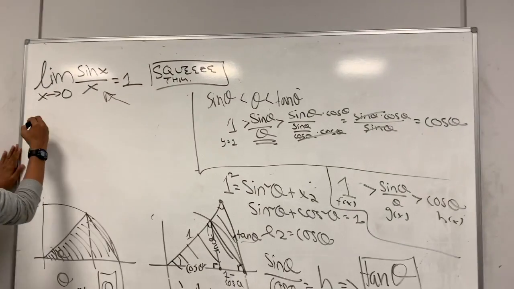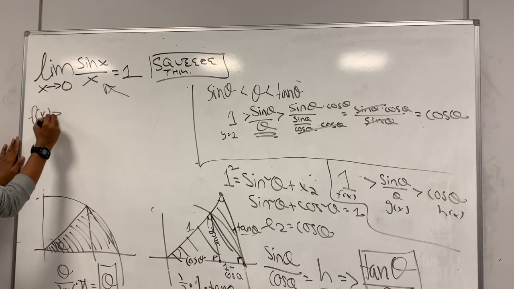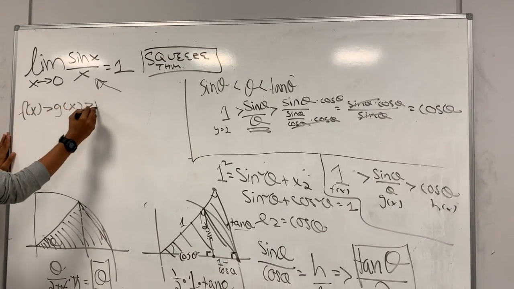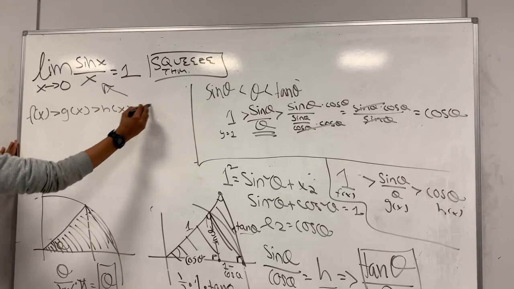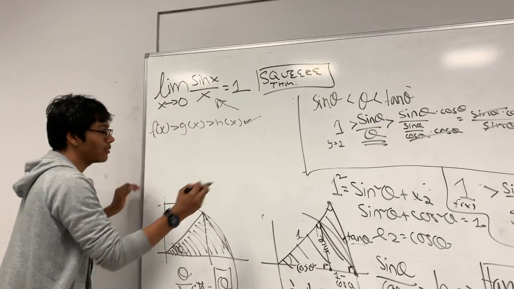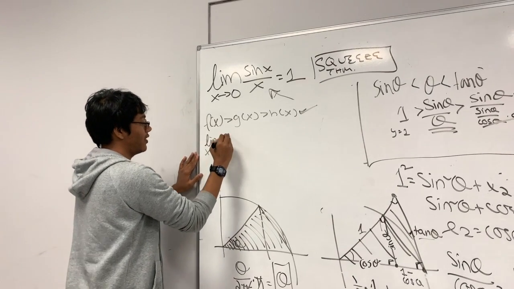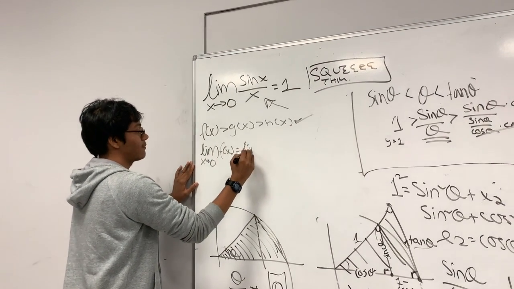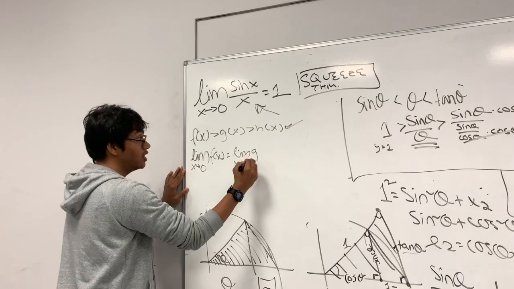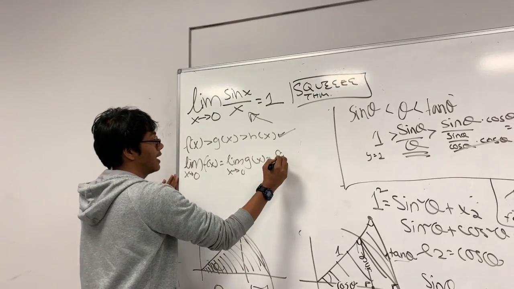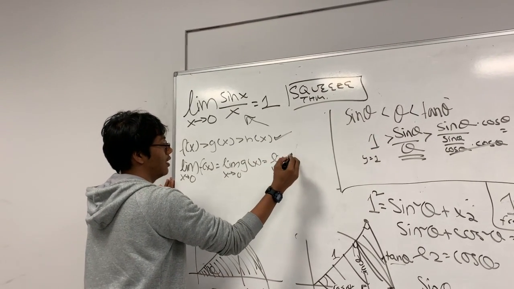So I already have the condition that f of x is greater than g of x is greater than h of x. That condition is satisfied. Now what I'm going to do is say that the limit as x approaches 0 of f of x equals the limit as x approaches 0 of g of x equals the limit as x approaches 0 of h of x.